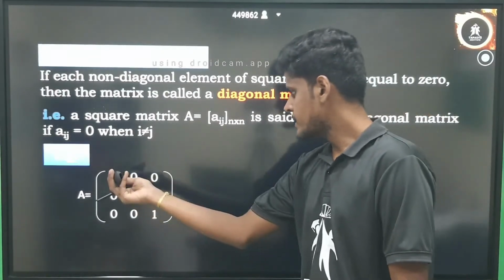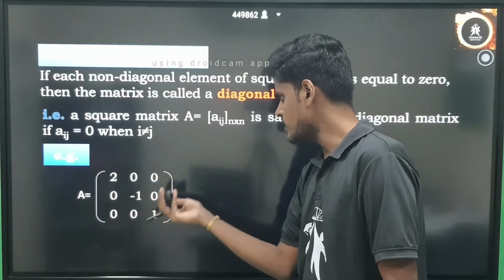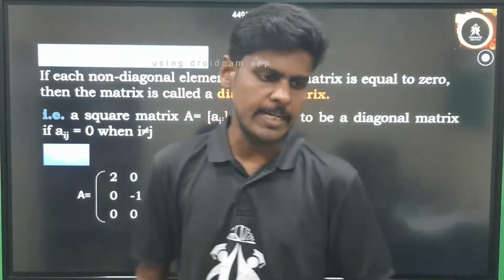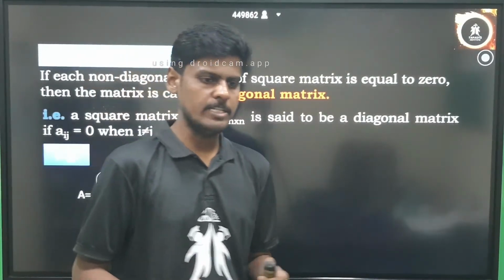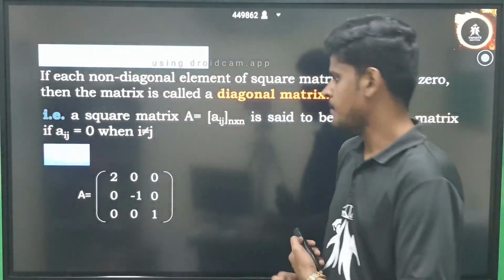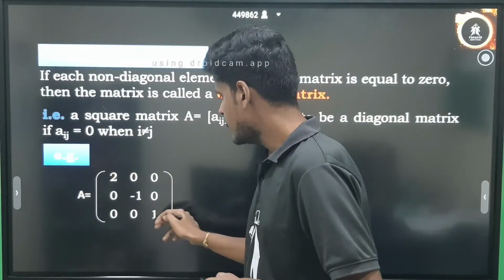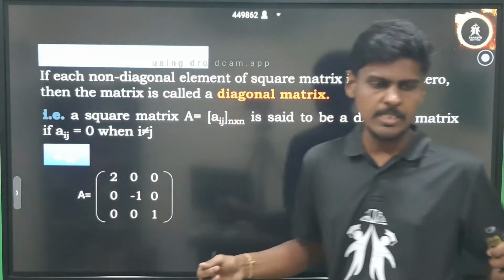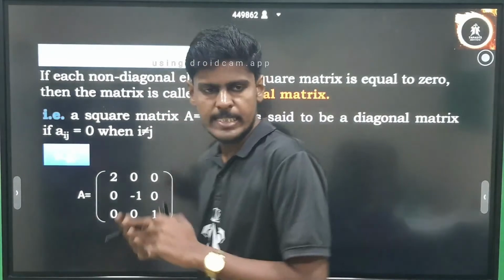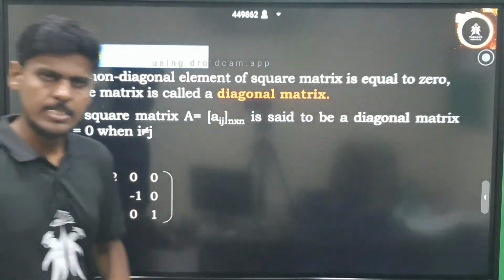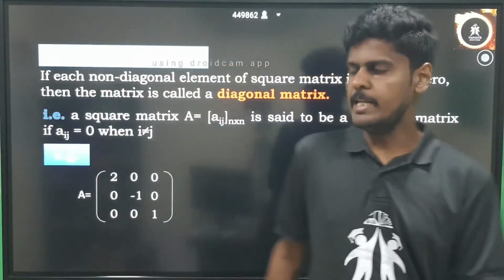For example, except diagonal elements, remaining elements become 0. So, if one element of the diagonal is 0, will it be a diagonal matrix or not? Obviously, it is a diagonal matrix. We can have 0, 0 here. As long as any one element is not 0, we can tell this matrix is a diagonal matrix. All the remaining elements should be 0. That is a mandatory condition.